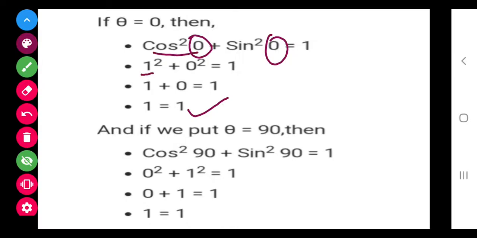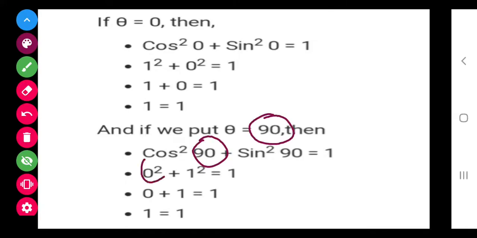Cos 0 we know is 1, sin 0 is 0, so 1 square plus 0 square is equal to 1. Similarly, if you put theta equal to 90, cos 90 is 0, sin 90 is 1, so again 0 square plus 1 square equals 1.